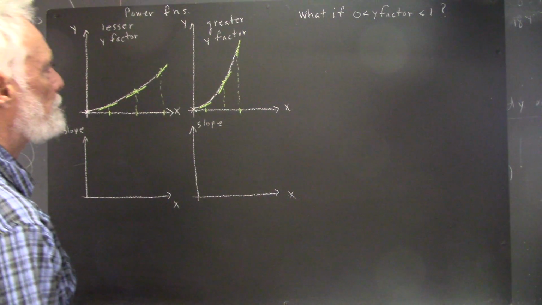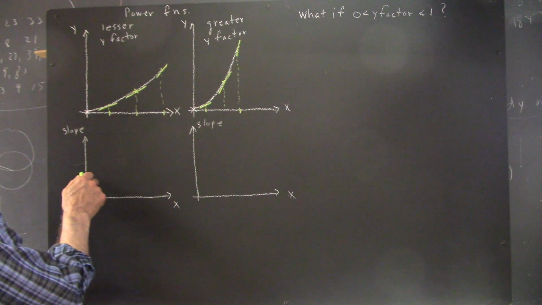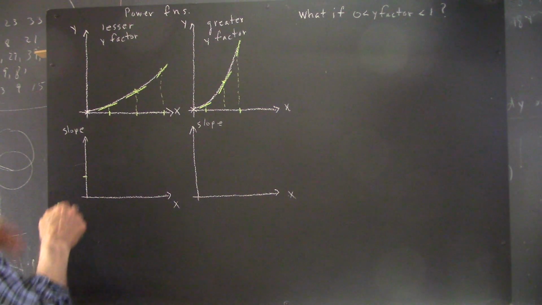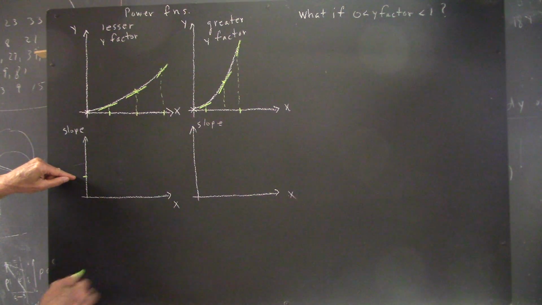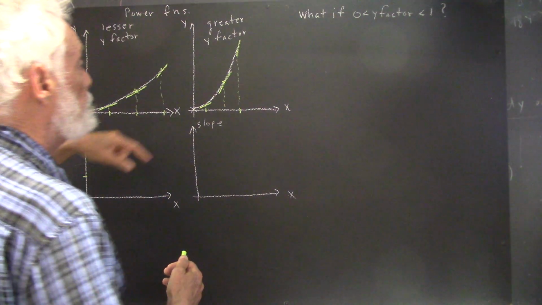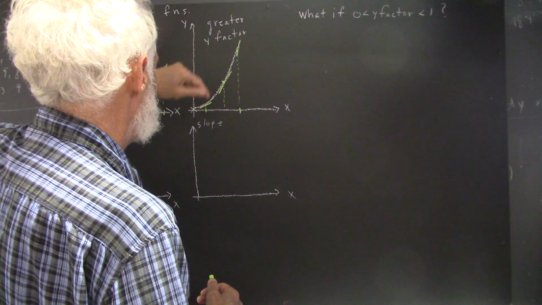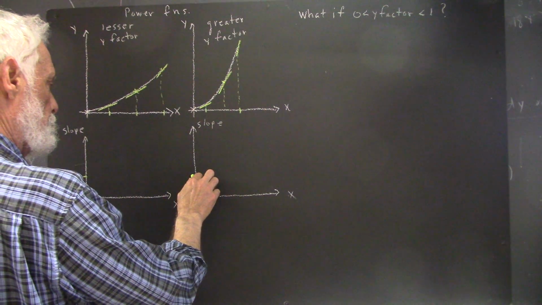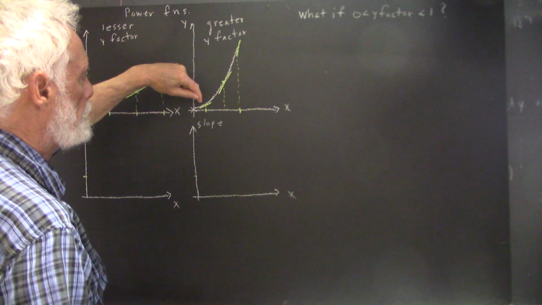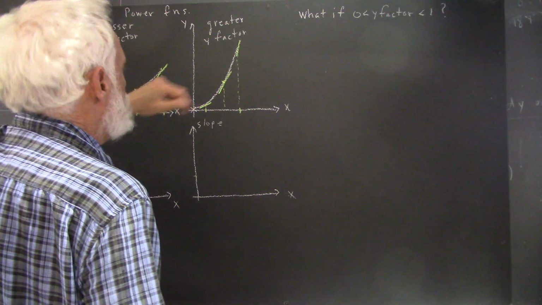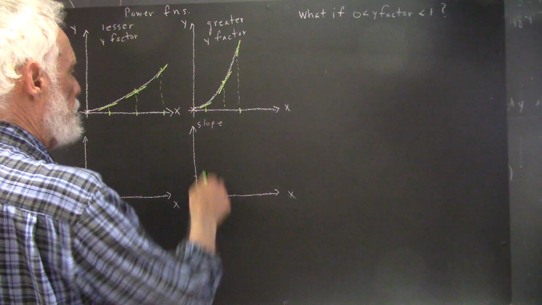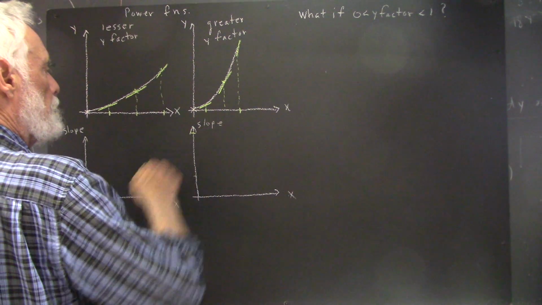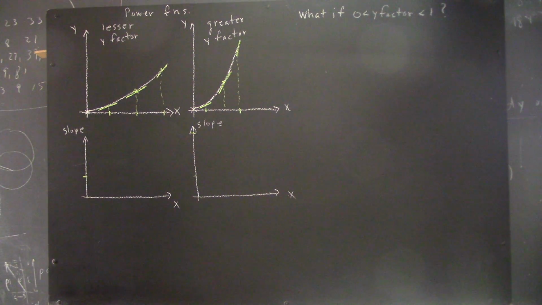So I'm going to say that whatever the slope is here is going to be represented by this value on the slope graph, and the same value on the slope graph is going to be bigger than the slope here, less than the slope here, and quite a bit less than the slope here. So the slope here is about maybe 3 times as big. So we're going to get a slope here.